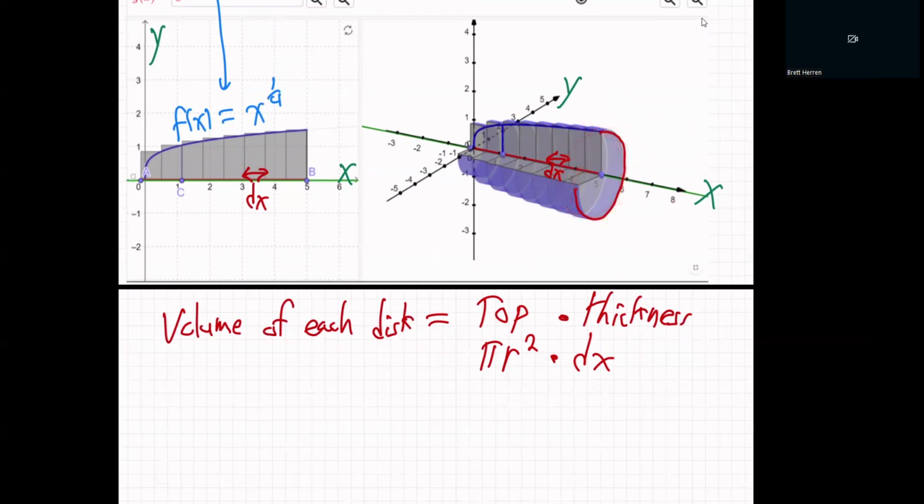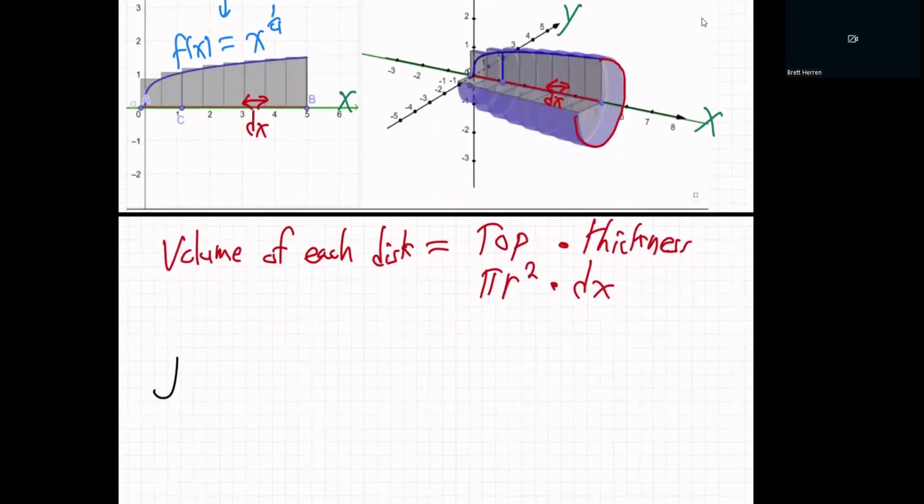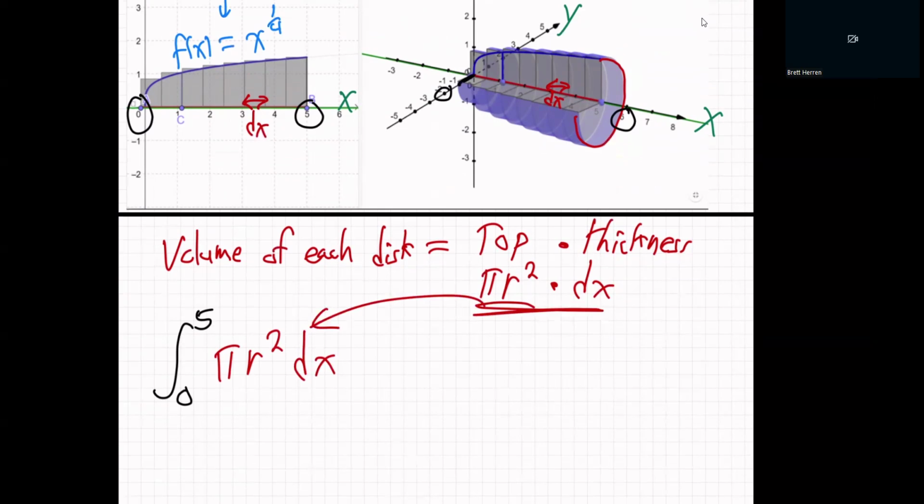That's how we do it. And we'll get the total volume of each disc. And then we just need to add up those discs, right? That's what the integral is all about. Add up the discs from 0 to 5, and each disc's volume is pi r squared dx, right? Just popped it right there.